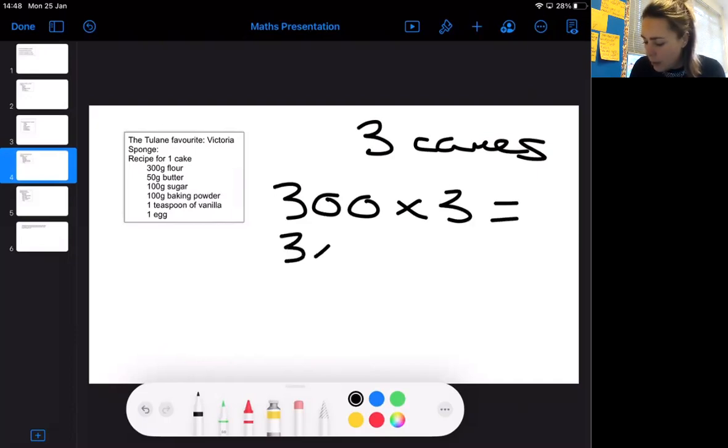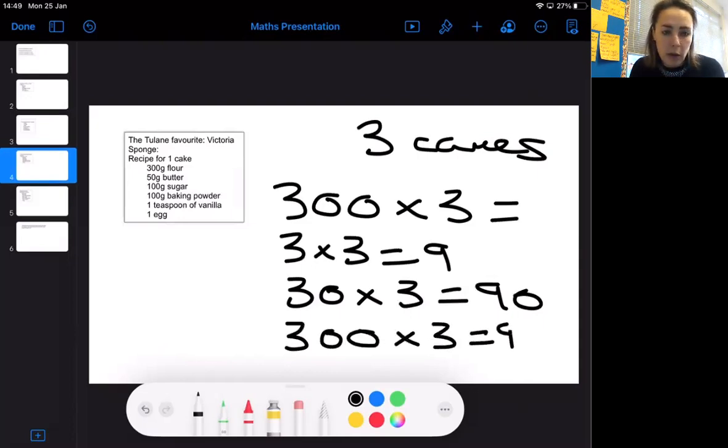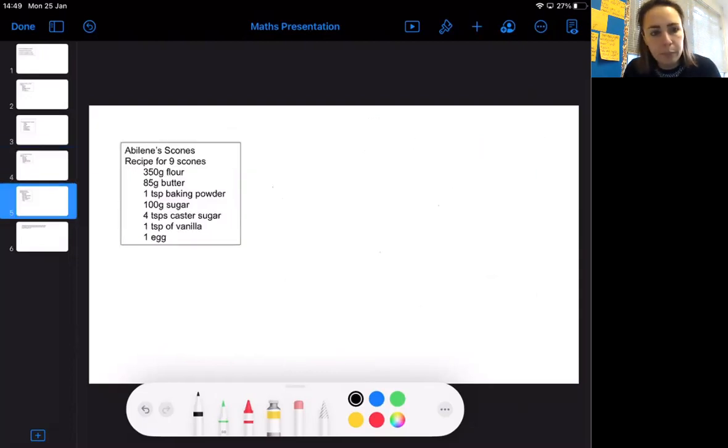I know that 3 times 3 is 9. So I know that 30 times 3 is 90. And therefore that I know 300 times 3 is 900. And you can go through each different ingredient in that recipe list to work that out, but don't forget to write in the unit of measurement.